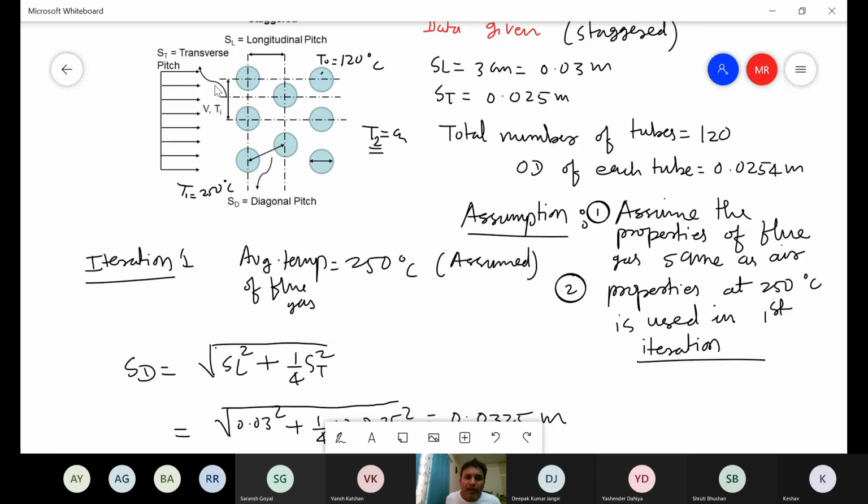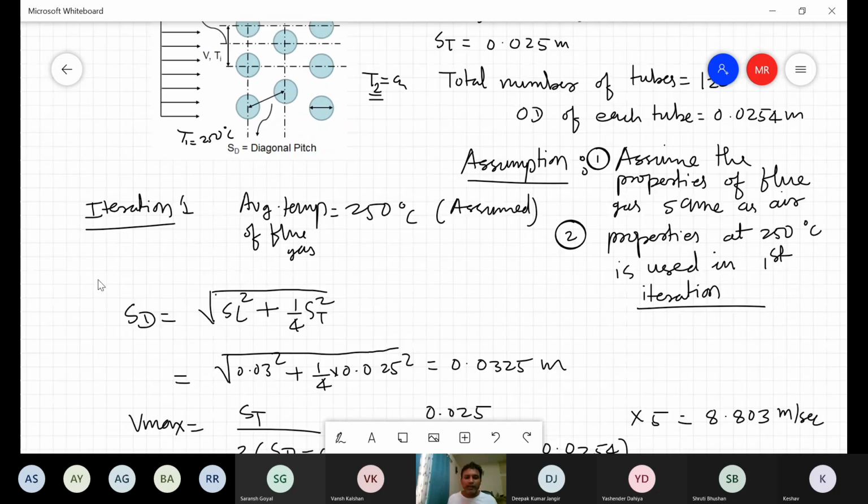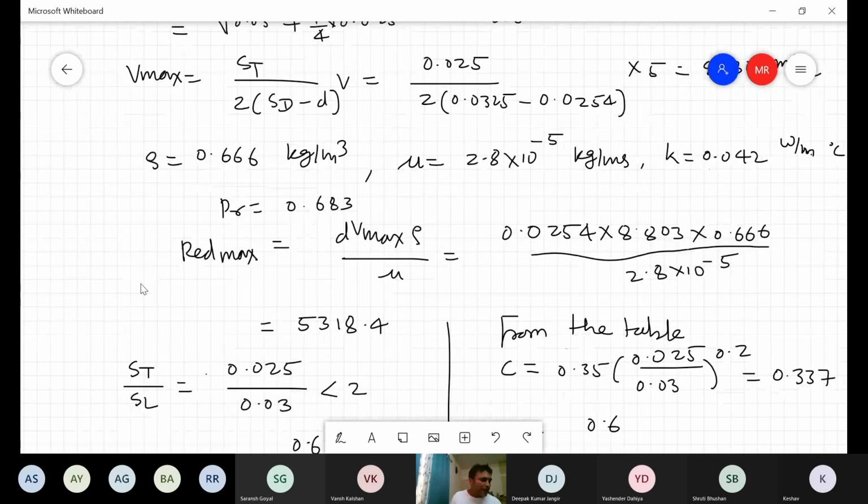There are 10 rows, but these 2 rows are accompanied by 1 transverse pitch, isn't it? So this transverse pitch is accounting for 2 rows in between. Correct. So that means we have to multiply the transverse pitch divided by 2 into the total number of rows into the length of each tube, that is going to give me the cross sectional area. So let us calculate the cross sectional area for the flow.